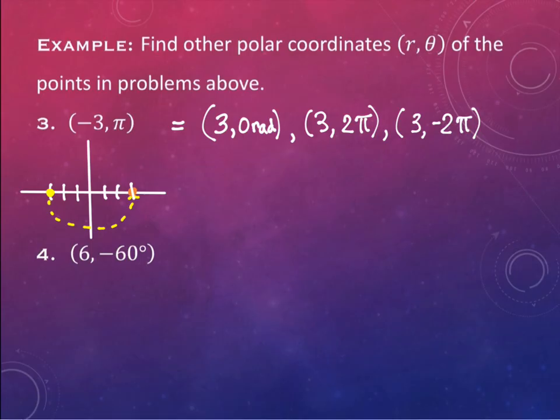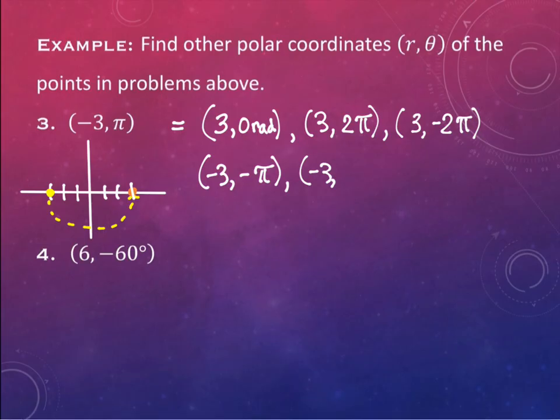Could I do other things instead of positive 3? Are there other options with negative 3? So if I went negative 3, like I did to start with, and I was given pi, so I went down like this, right? What else could I have done and still arrived at the same location by starting over here at negative 3? I could have done negative pi. Any other thoughts?